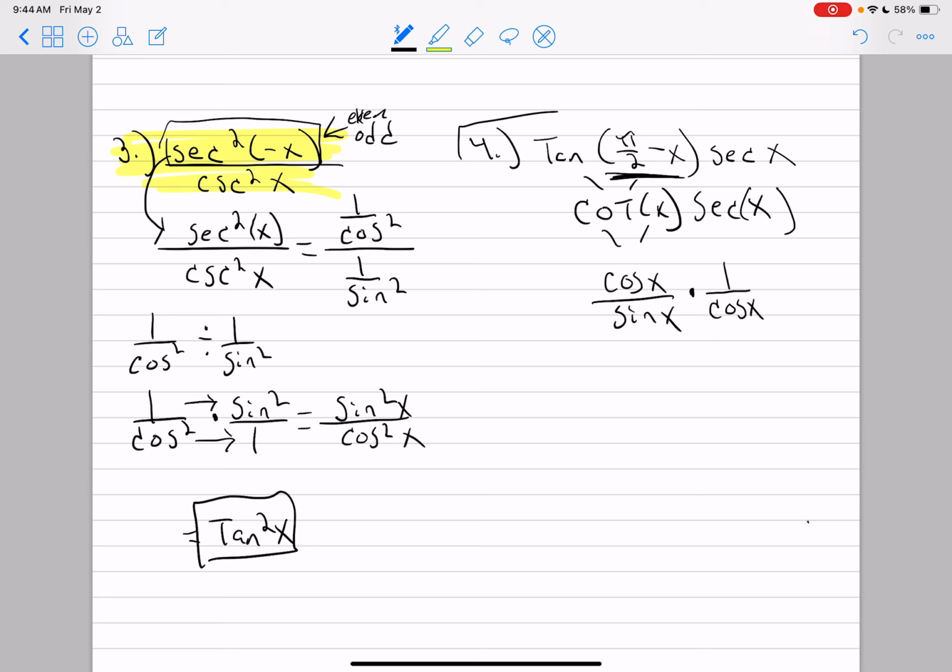Secant is 1 over cosine. We have those. All those are in our functions. So, boom, boom, look at this. I end up with 1 over sine of x. And what is 1 over sine x? That's the reciprocal of sine, which is cosecant x. Boom, boom, boom.